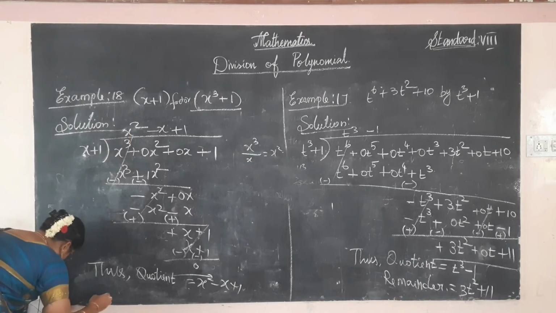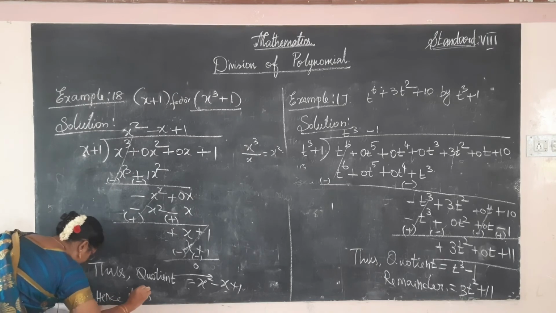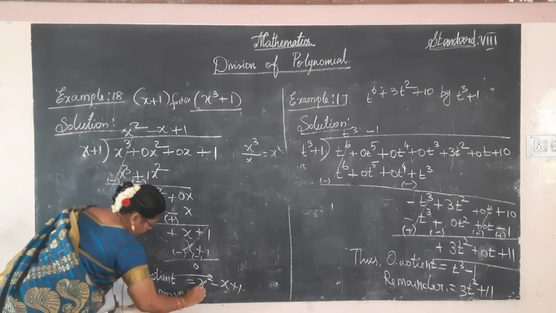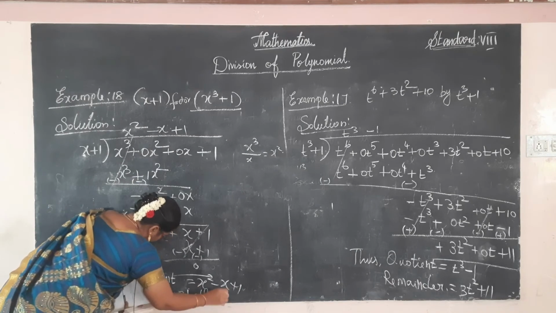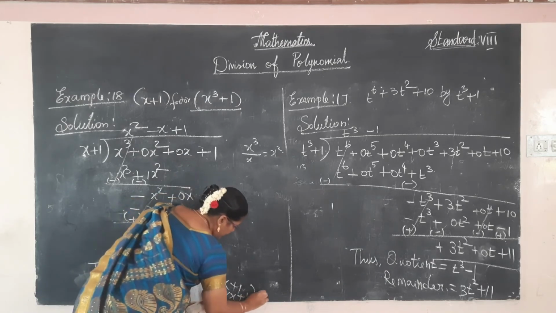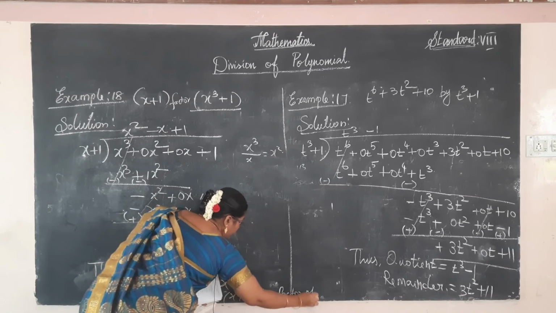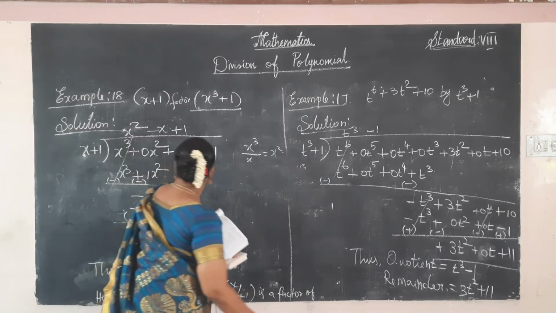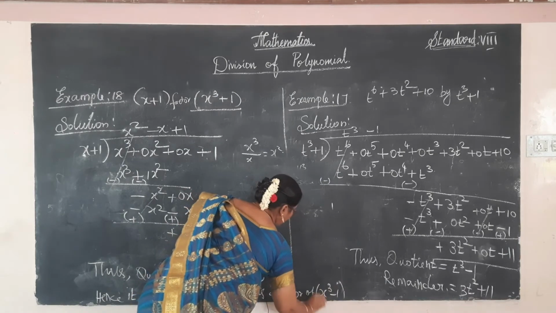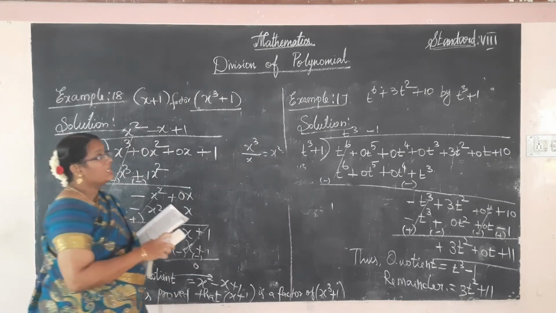So hence it is proved that x plus 1 is a factor of x cube plus 1. That's it. Now see example 19.